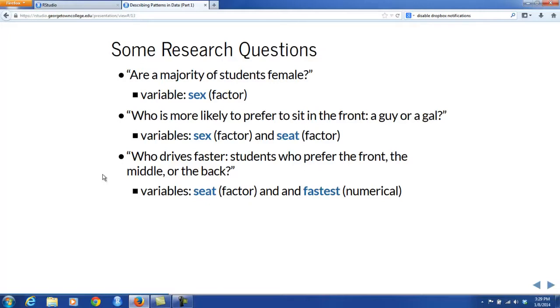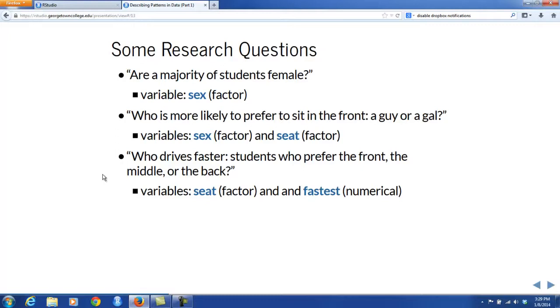That again is a factor variable. Another research question: who drives faster, students who prefer the front, the middle, or the back? Again, this is about the relationship between two variables: seat, a factor variable, and fastest, a numerical variable.